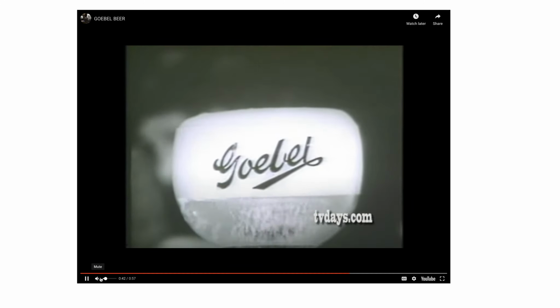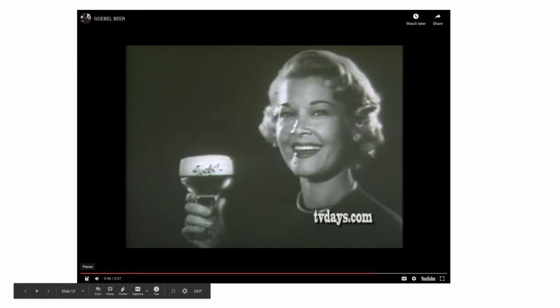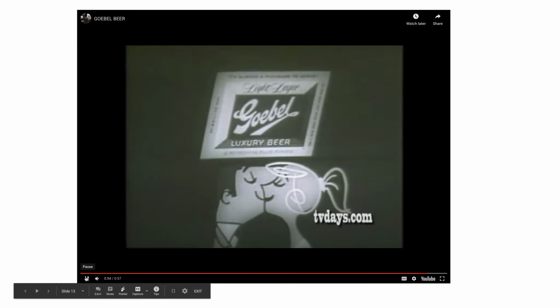Happy thought is right. When you serve Goble at dinner time or any time, you're sure to make a hit. Today, Goble is better than ever. The secret's in Goble's new live taste. It makes Goble more satisfying than ever before. See for yourself why folks say, what a happy thought, go Goble, go Goble.